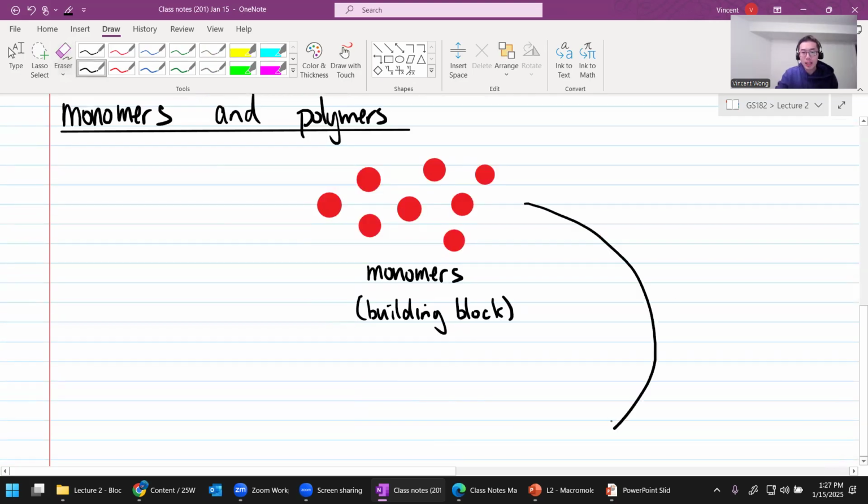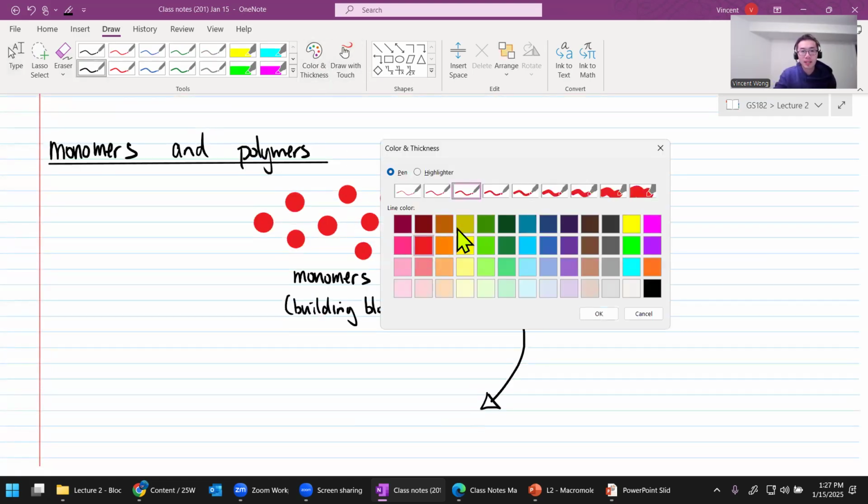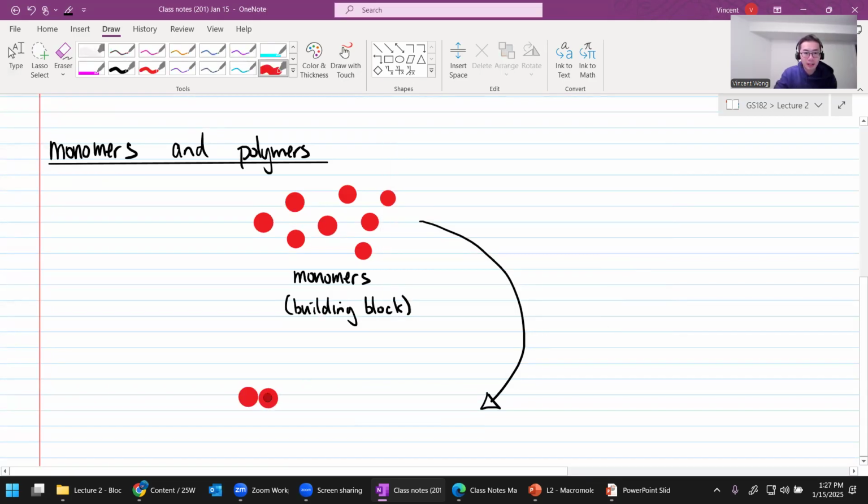And then we can hook them up together. We can join them together chemically, and we will have a chain. This chain, which can be longer, but I'm not going to draw too many of them, is called a polymer.